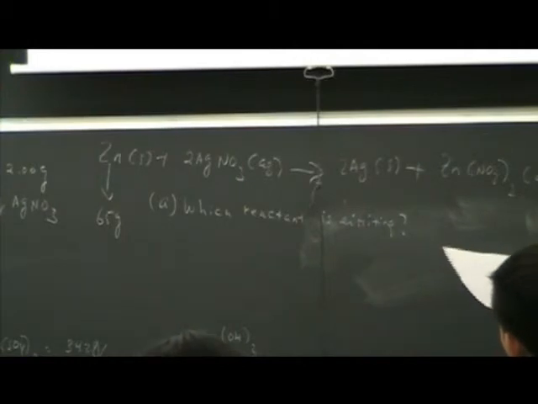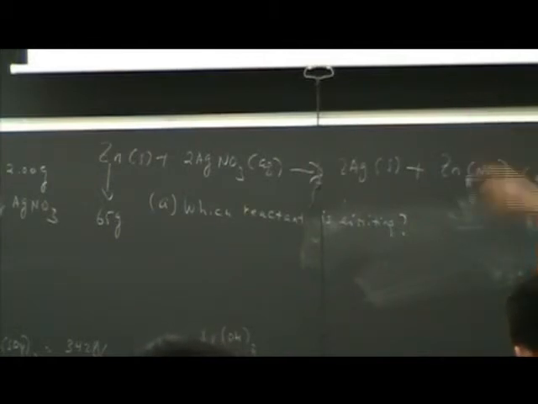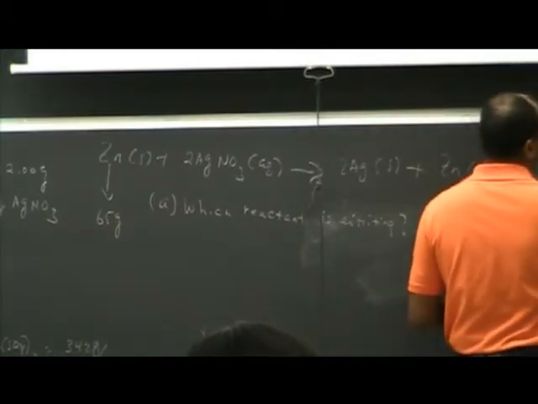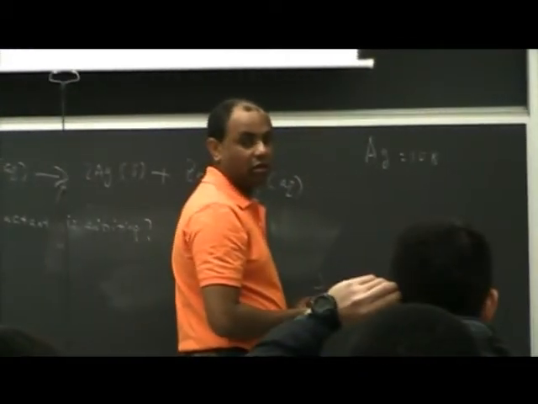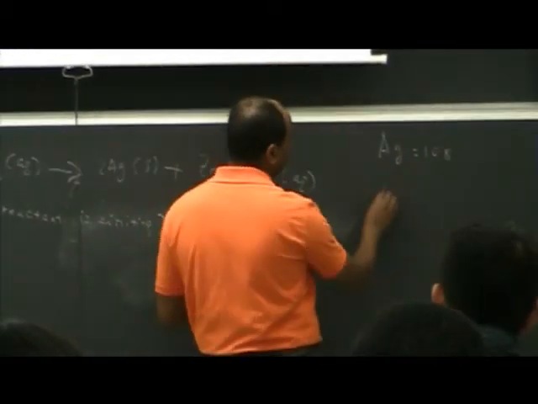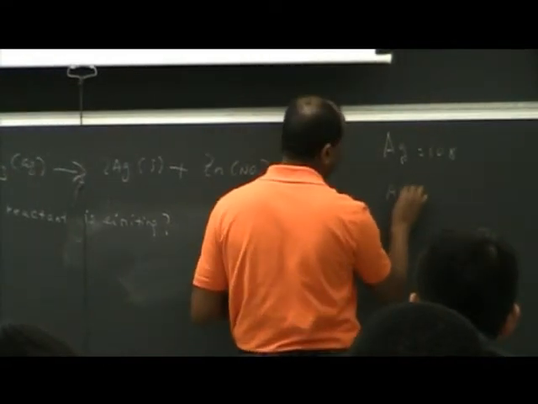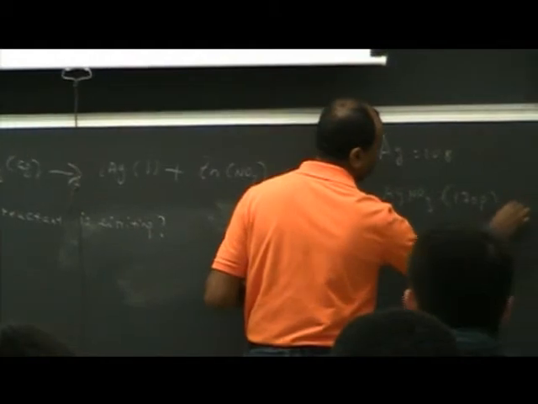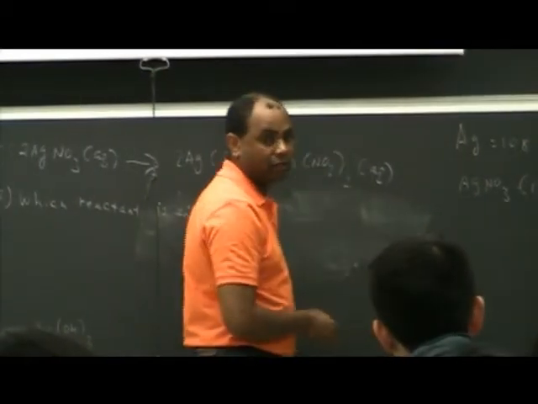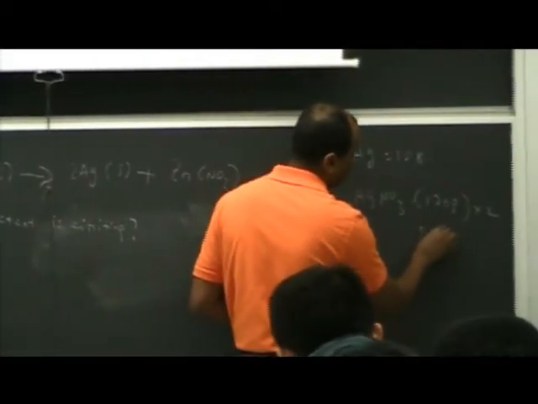Silver is 108. Silver nitrate is 170. But remember, you have to multiply this by 2 because of the coefficient. 340 grams.